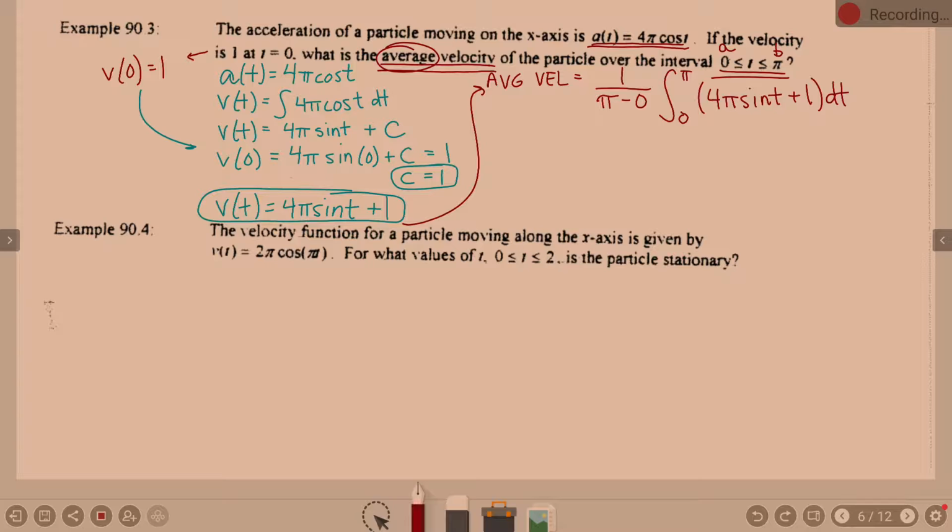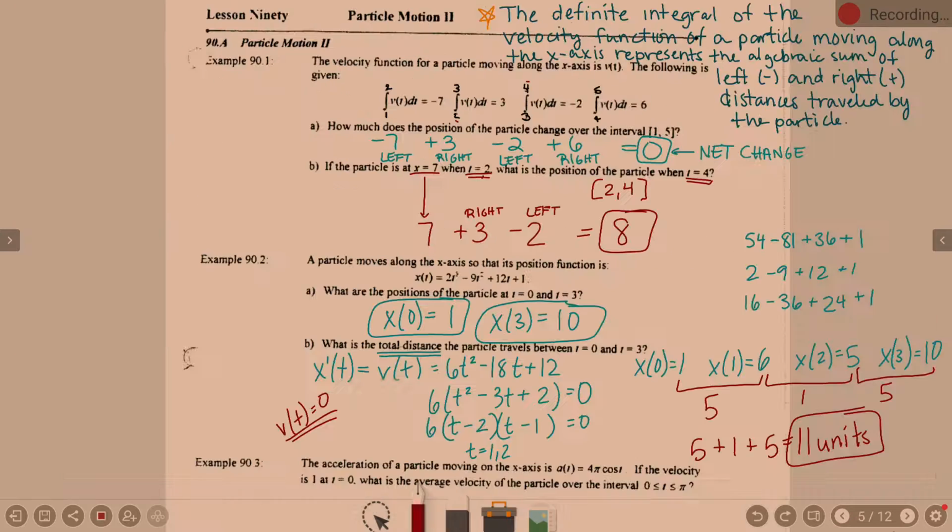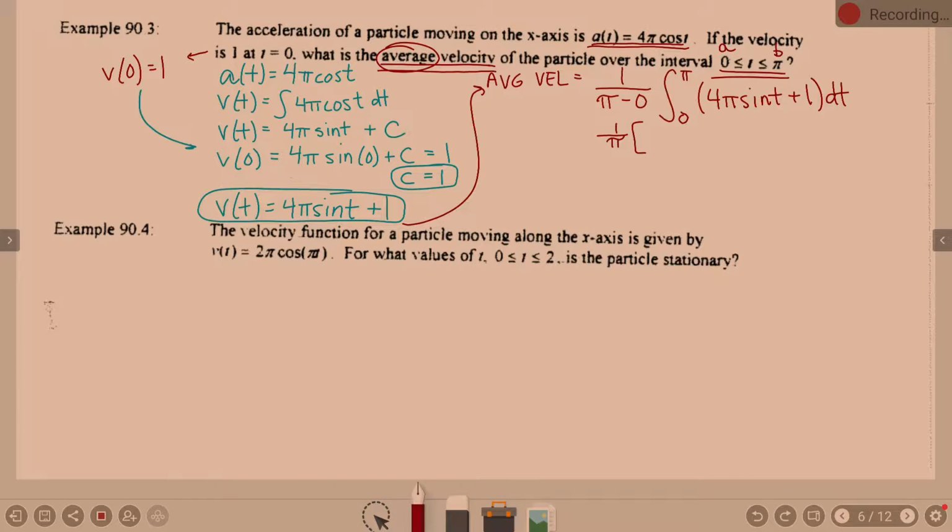Okay, so 1 over pi minus 0 is going to be 1 over pi. What I would say here is that the 4 pi you can pull out front. So I've got the 1 over pi out front, I've got the 4 pi I'm going to pull out front. What's the integral of, oh, whoa.